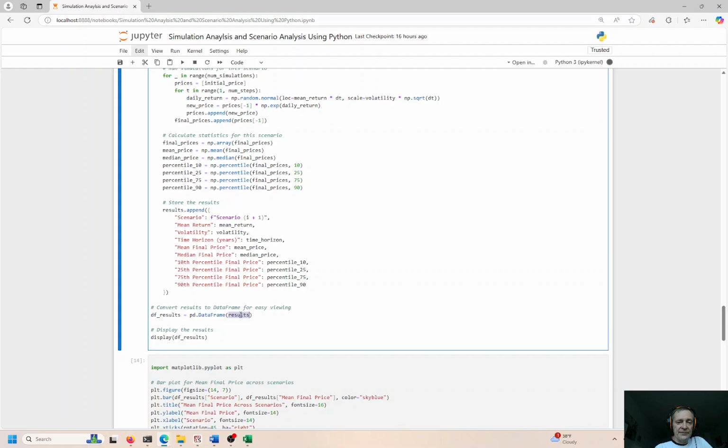Most of my videos, I create a data frame for everything because it's just easier for plotting and charting. If you try to do charts and plots on non-structured data, that's going to be very hard to do. And when you structure it, you put it into a data frame and everything is in rows and columns. A little bit like Excel or like what you would see in a table in a database. Once everything is structured in a row and a column, it's very easy to plot the results.